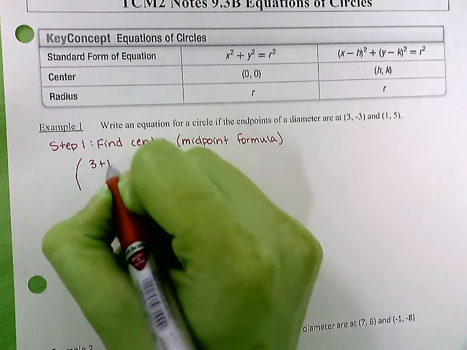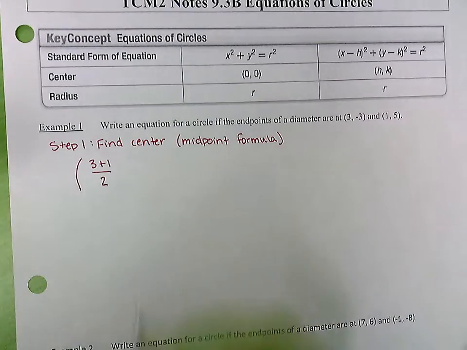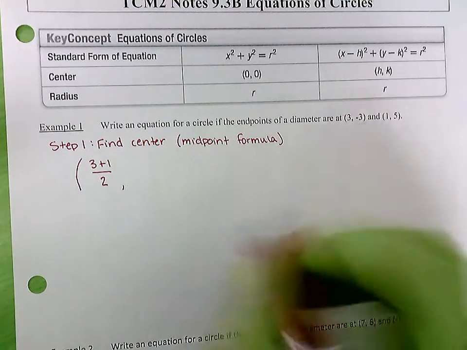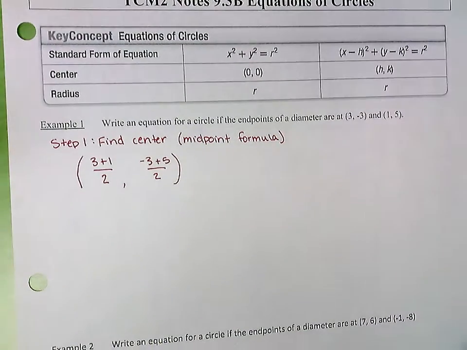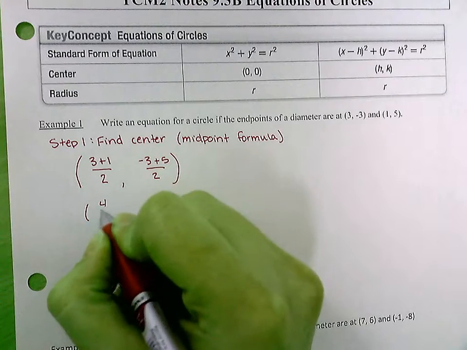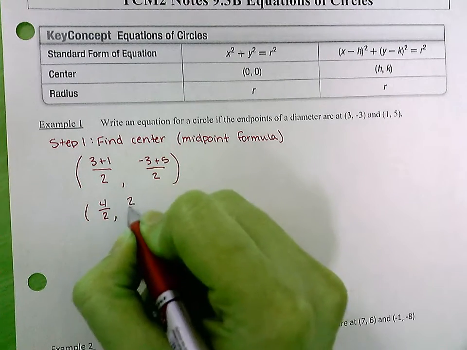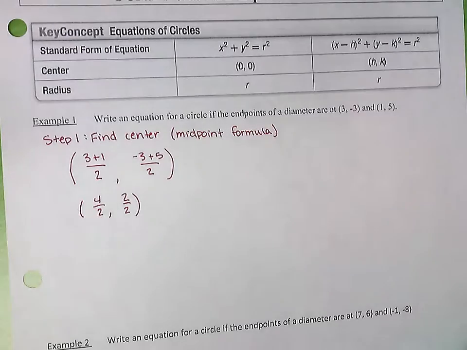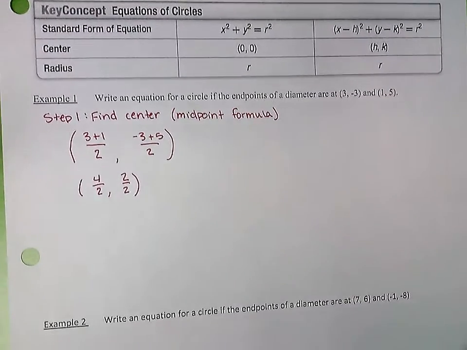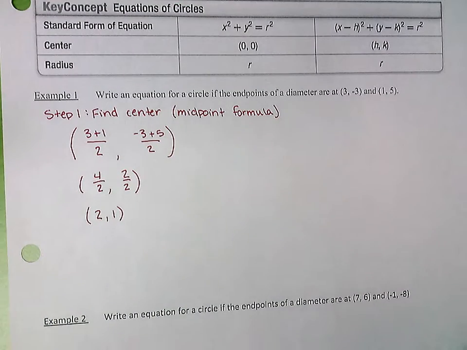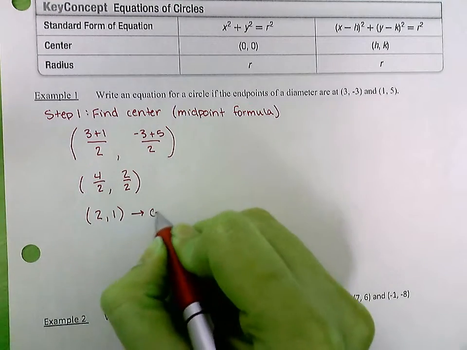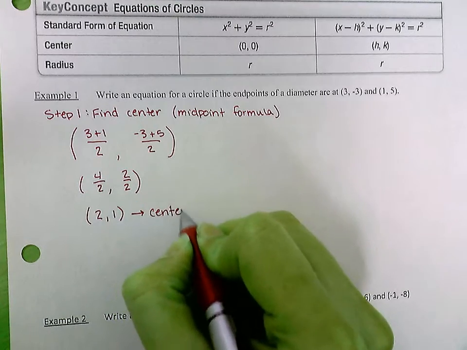So we have 3 plus 1 divided by 2, and -3 plus 5 divided by 2. Okay, so we have 4 over 2 and 2 over 2, which is (2, 1). Okay, and again, this is the center of your circle.